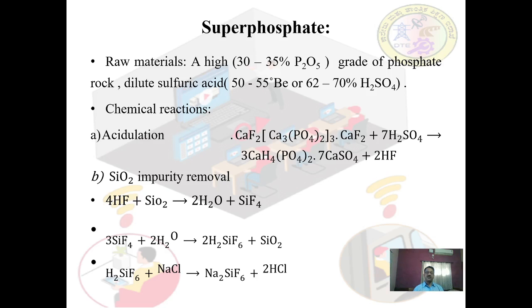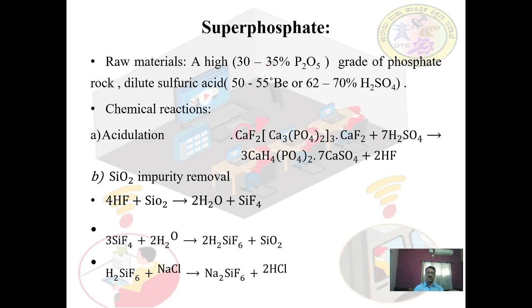Raw materials: a high grade phosphate rock which contains 30 to 35% phosphorus pentoxide is required. Dilute sulfuric acid of 62 to 70% concentration is required.